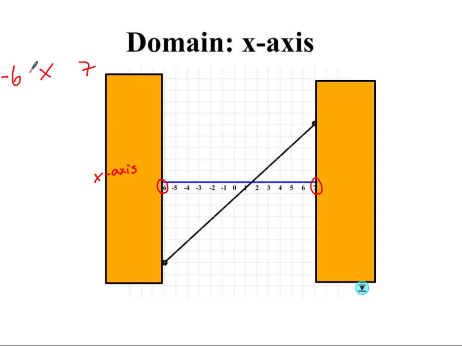Now, remember, in order to figure out what symbol you're going to use, are you going to use less than or greater than, less than or equal to, or greater than or equal to? You have to look at whether you have closed circles or open circles. In this case, we have a closed circle on both sides, so that means I'm going to have this symbol right here.